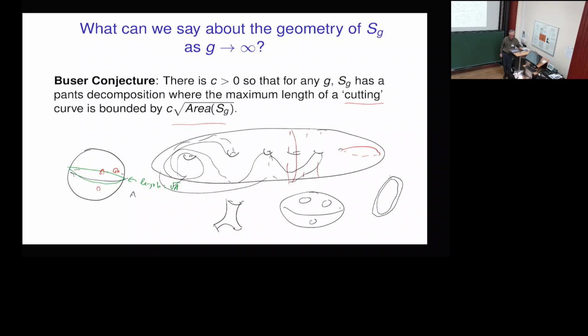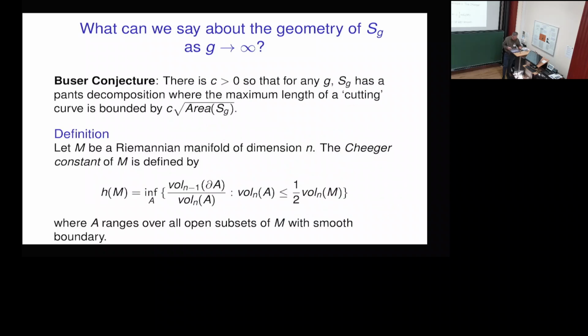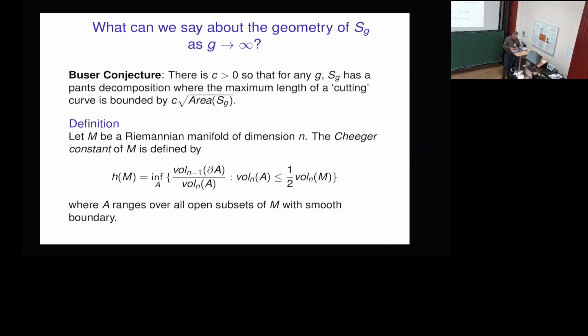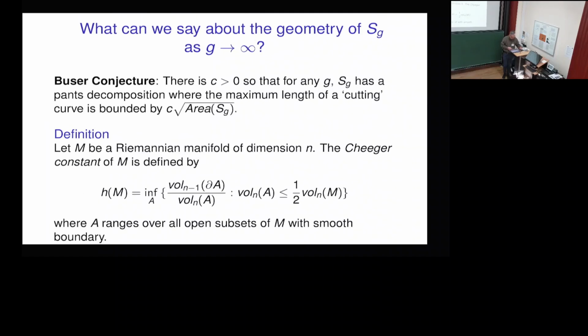The first time I saw it, I was shocked. I thought, okay, these are just surfaces, and very naively spent some time trying to prove it. But there are some positive results. What is the Ziegler constant? It is an infimum.